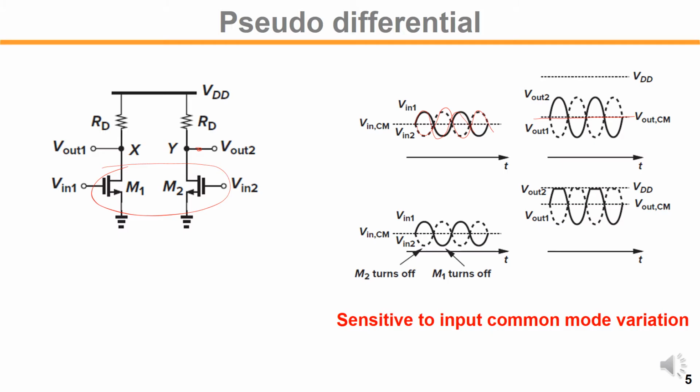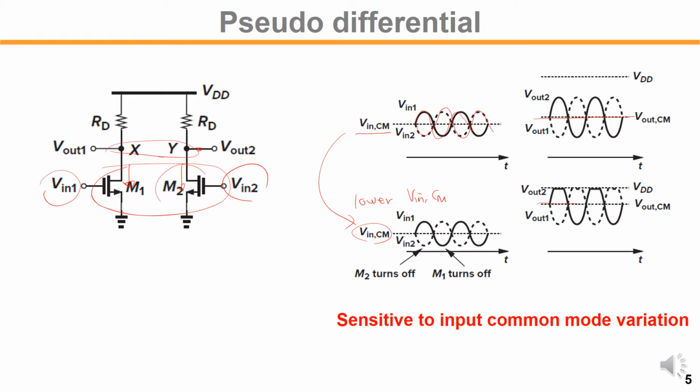What if there is error or noise on the common mode level for both inputs? Let's say the input becomes lower than the nominal case, so lower Vin,cm. That will create less current in each transistor, which will bring up the output node voltage.